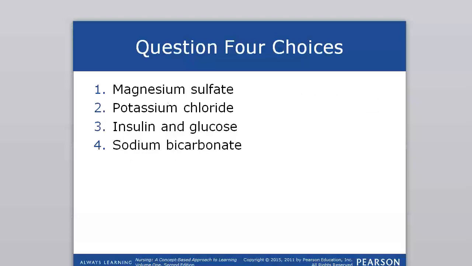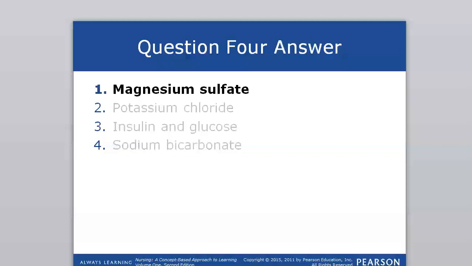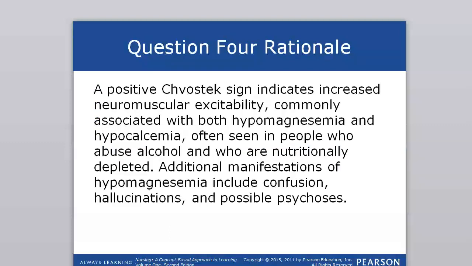Is it number 1, magnesium sulfate, number 2, potassium chloride, number 3, insulin and glucose, or number 4, sodium bicarbonate? And the answer is magnesium sulfate. Let's look at the rationale behind that. Positive Chvostek sign indicates increased neuromuscular excitability, commonly associated with both hypomagnesemia and hypocalcemia, often seen in people who abuse alcohol and who are nutritionally depleted.